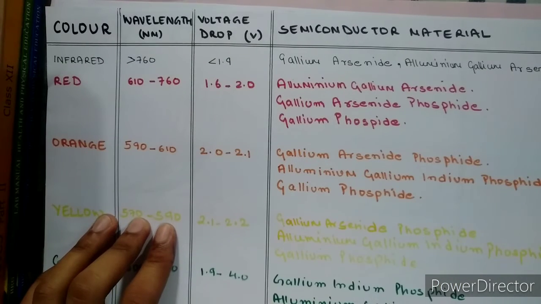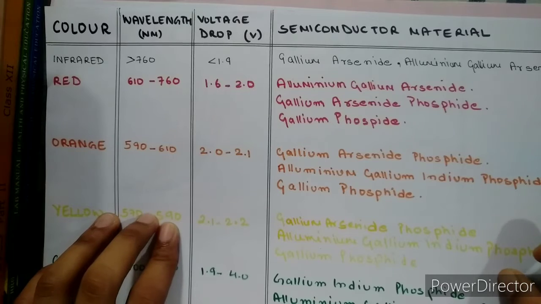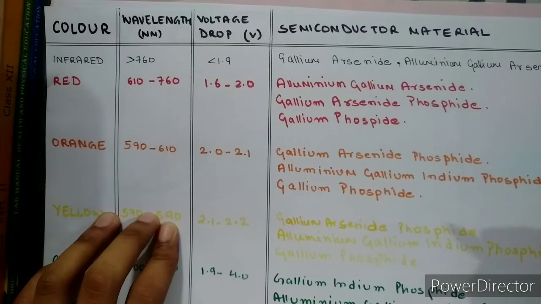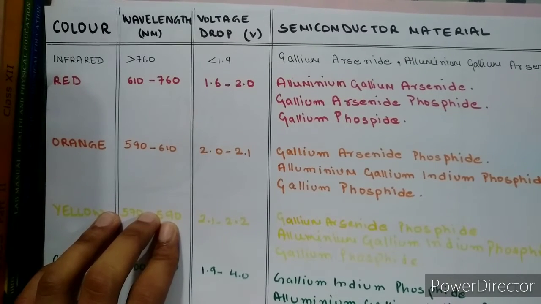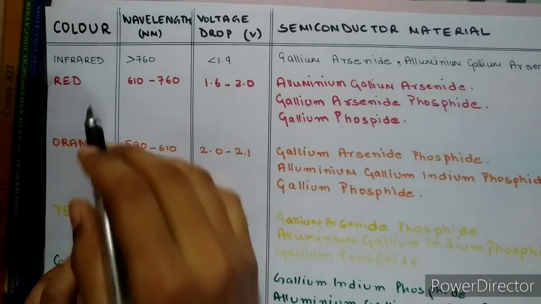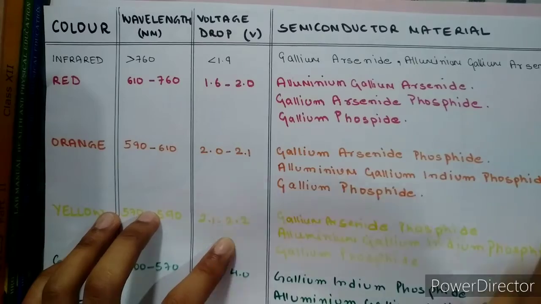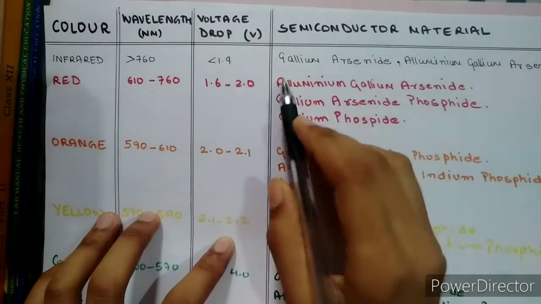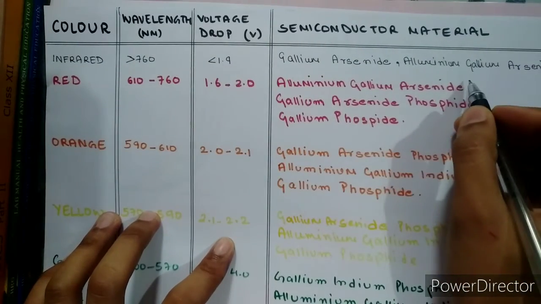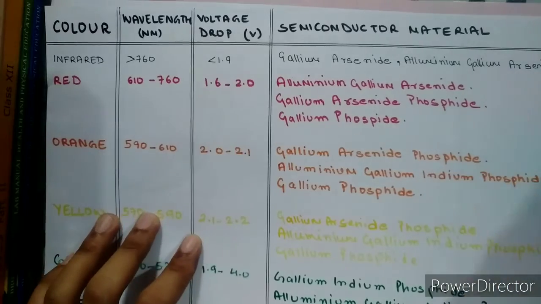This infrared is not visible light, and it can be emitted by the LEDs used in remotes. That light we cannot see, but it is sensible. This infrared can be emitted by semiconductor materials like gallium arsenide and aluminium gallium arsenide.